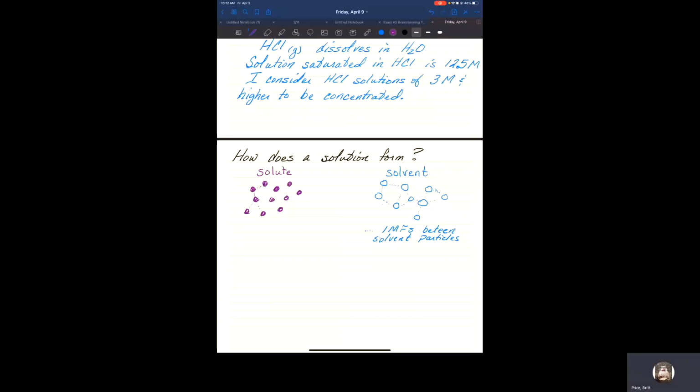So a solvent being liquid and a solute being solid. And I'm just randomly putting together these intermolecular forces, right?